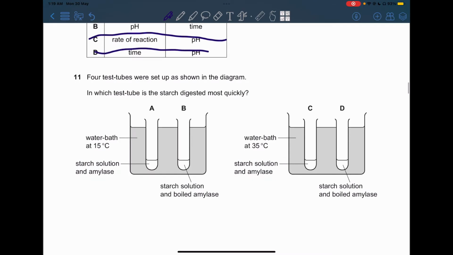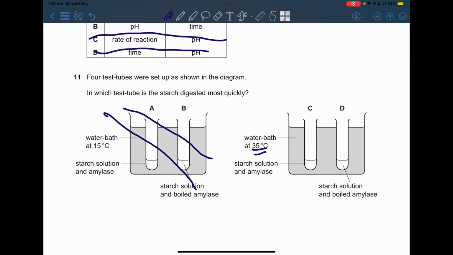Number 11, 4 test tubes were set up as shown in the diagram. In which test tube is the starch digested most quickly? Now, we're going to be choosing the water bath with temperature 37, this is the optimum temperature for the enzyme, and also it has more frequent collisions between the substrate and the enzyme. So we're not going to be choosing from here at all.